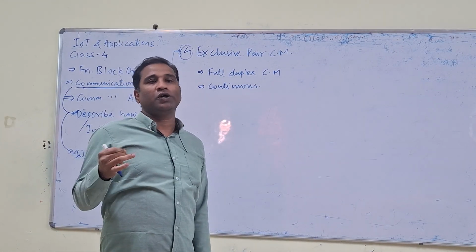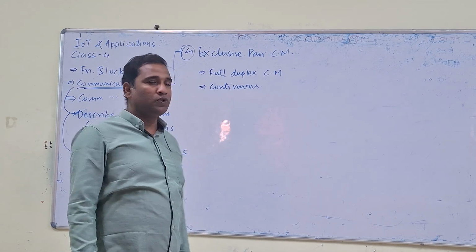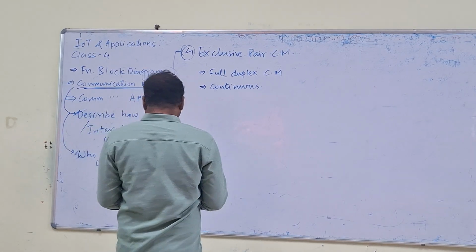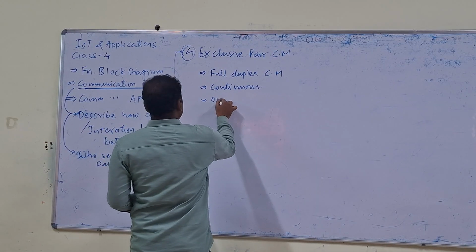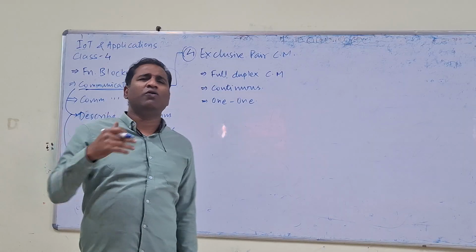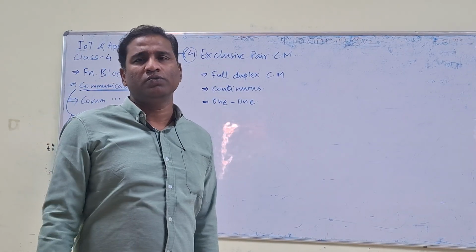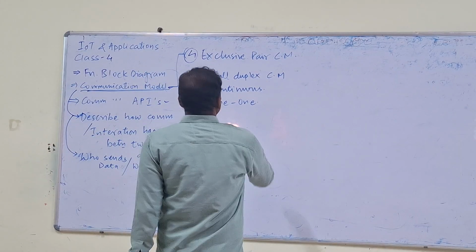Once you get connected to the call, it is continuous, no interruption. And in general, in principle, it is one to one. When the technology evolves, we may have one to many, but generally it is one to one.